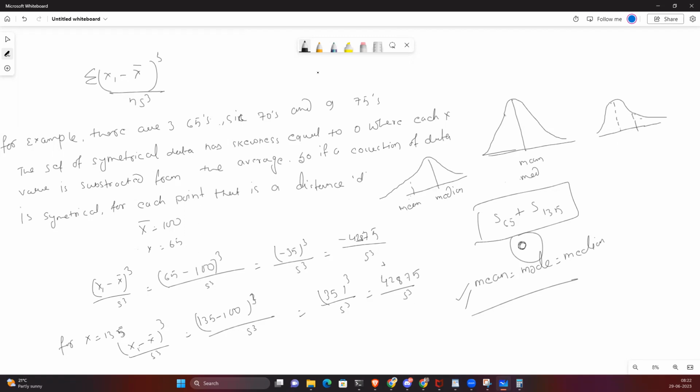This is called left skewed data. And this is called symmetrical data. And this is called right skewed data.